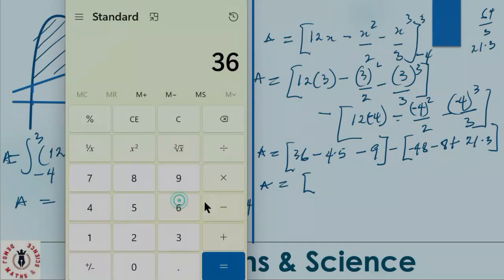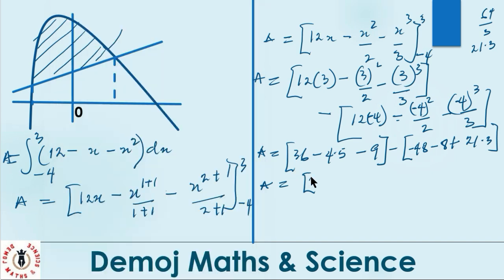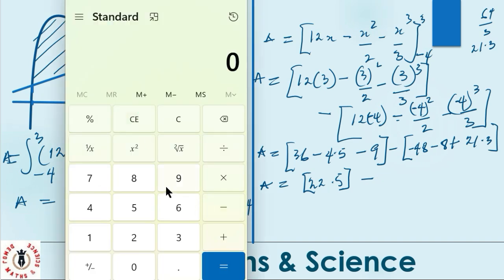Also, A will be the same thing as 36 minus 4.5 minus 9. Let's use our calculator. That becomes 36 minus 4.5 minus 9, which equals 22.5. Now we have negative 8.